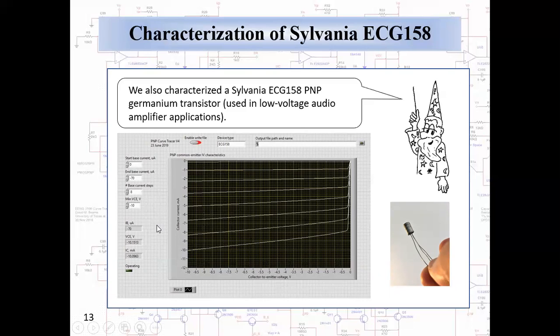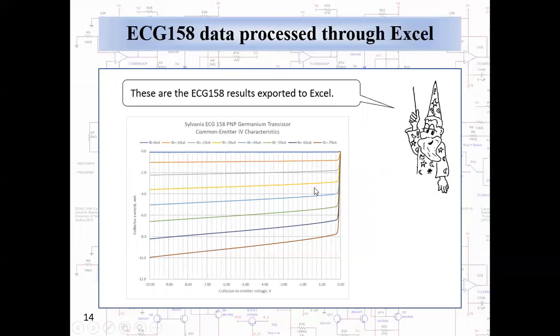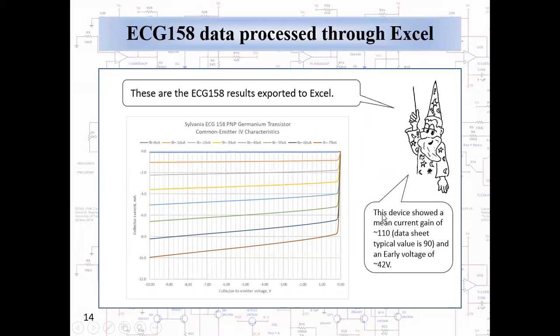The data you see here were exported to Excel and graphed to produce this family of curves. I get a mean value of the current gain of about 110. The data sheet gave a typical value of 90 and an early voltage of around 42 volts.